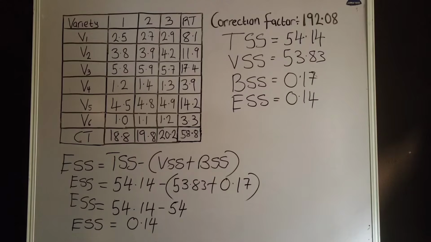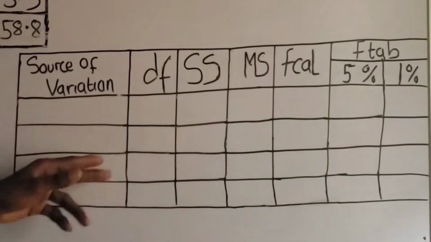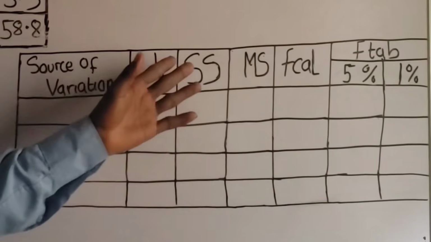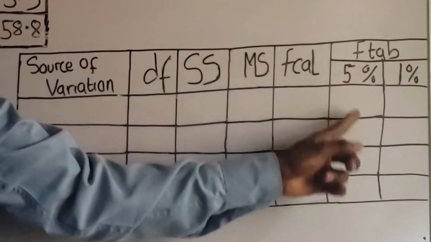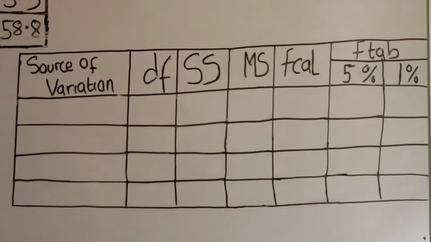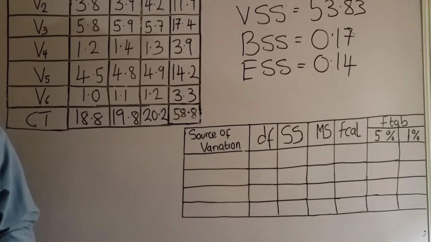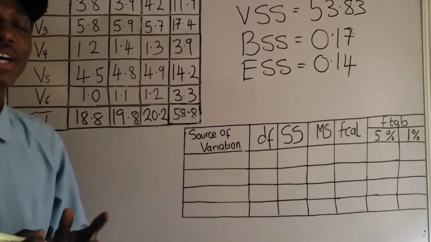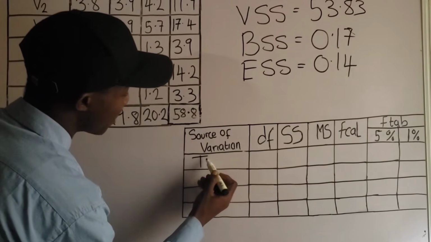The next step is to compute our ANOVA table. A typical ANOVA table looks like this. We have the source of variation, the degree of freedom, the sum of squared, the mean squared, the F calculated, and the F tabulated at 5% and 1% respectively. Now let us start by filling the source of variation column. Note that on every ANOVA table there is always a total source of variation. So the first source of variation is total.